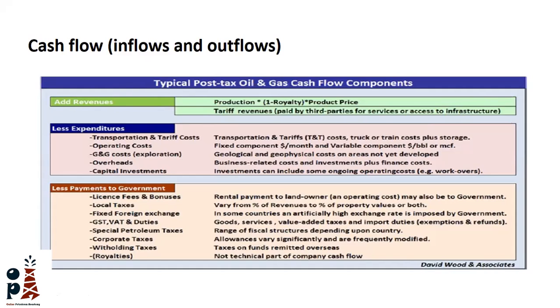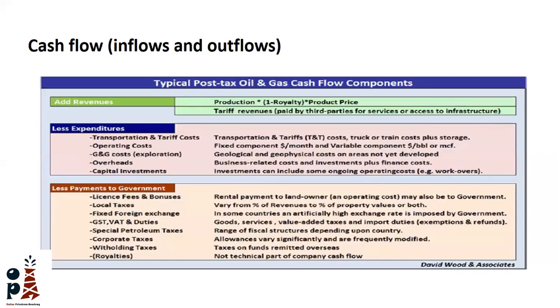If you have some pipelines and you rent them to a third party, this is also cash in for you, what's called tariff revenues, paid by third parties for service or access to the infrastructure of your company. This is a revenue.